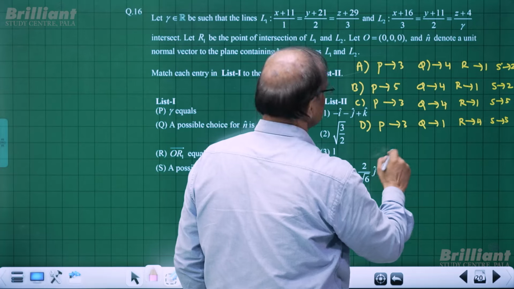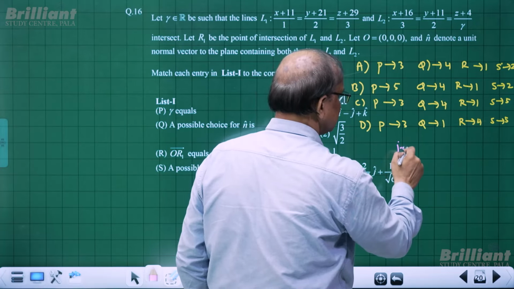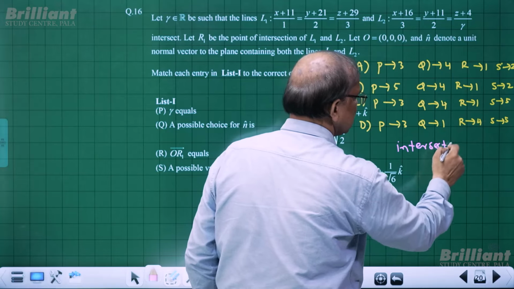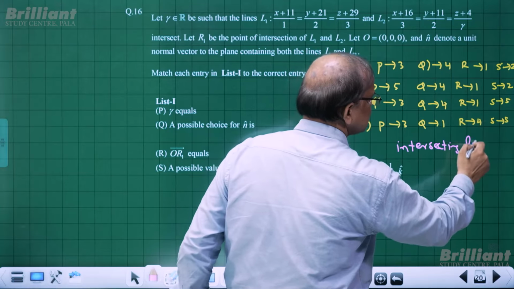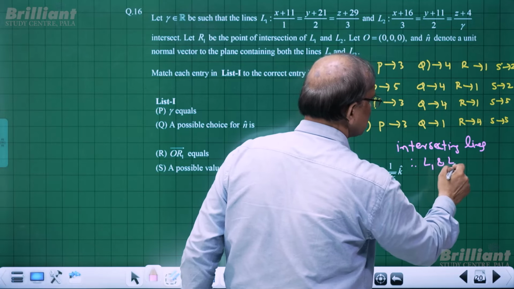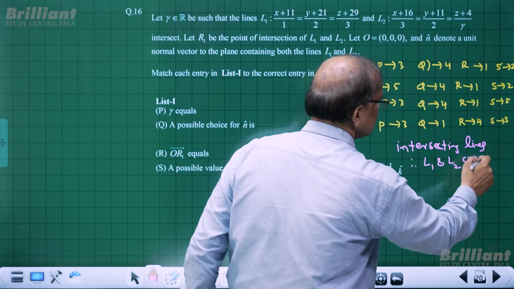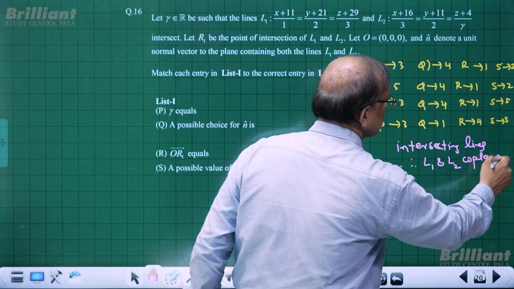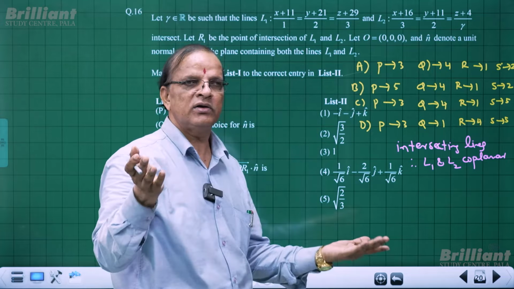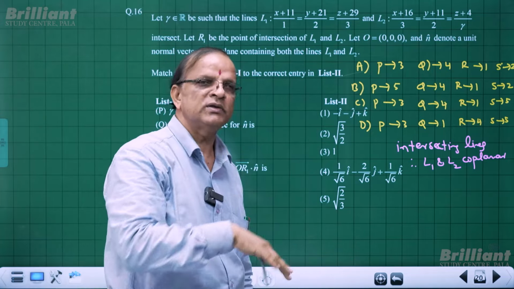Therefore, intersecting lines L1, L2 are coplanar, because if one were in one plane and another in another plane, they would not intersect. So they must be on the same plane.